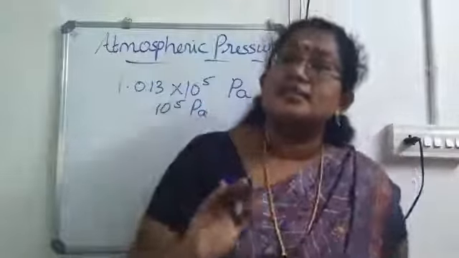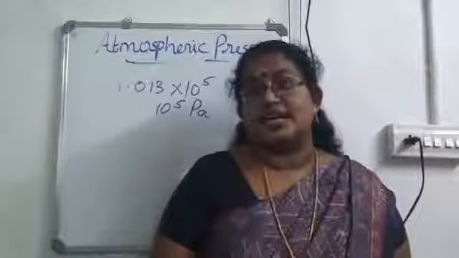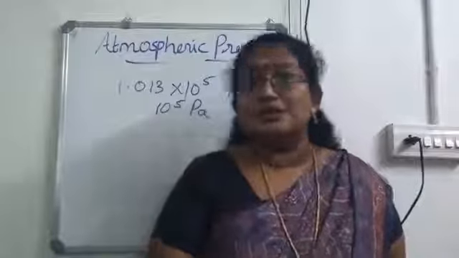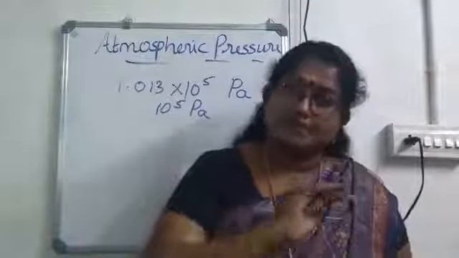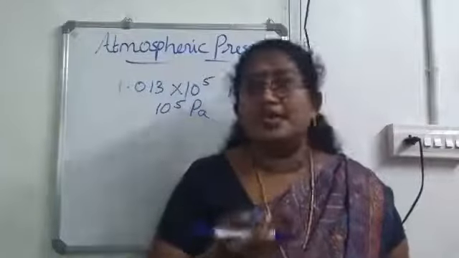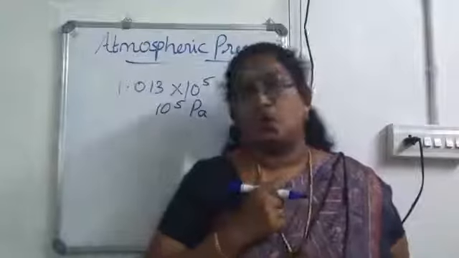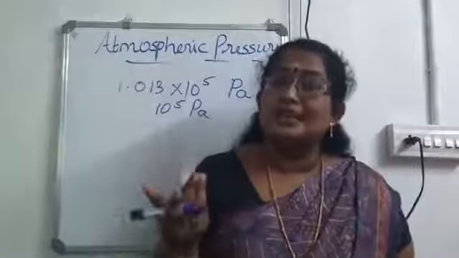Since no air is present inside the straw, there is a low pressure region inside, and outside we have the atmospheric pressure 10^5 Pascal. So this atmospheric pressure will push the juice into the straw, and that is why you will be getting the juice through the straw.